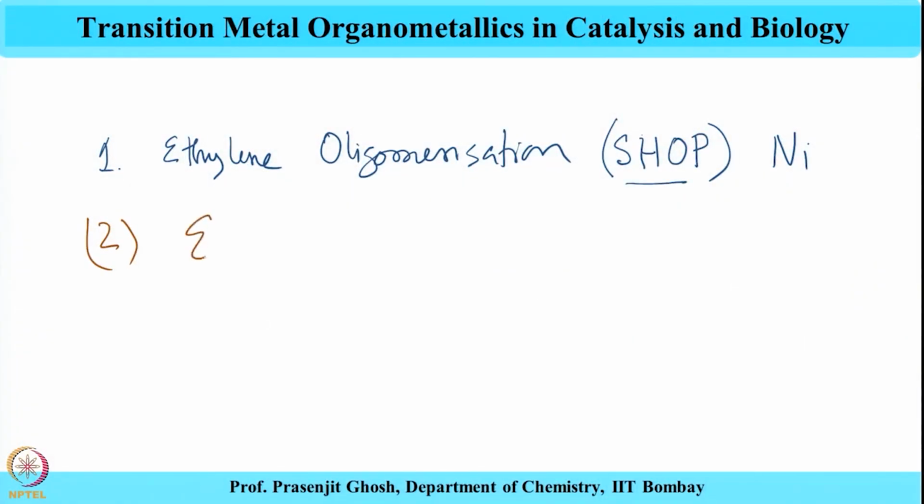Subsequently, we have also discussed another interesting reaction, which is ethylene trimerization, and this is done very selectively, in which ethylene is trimerized to give 1-hexene.